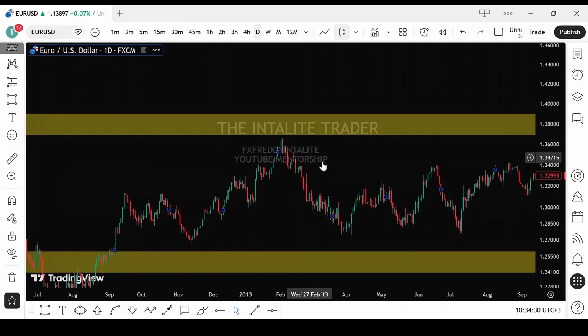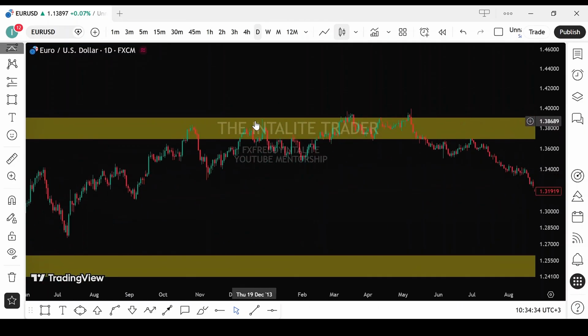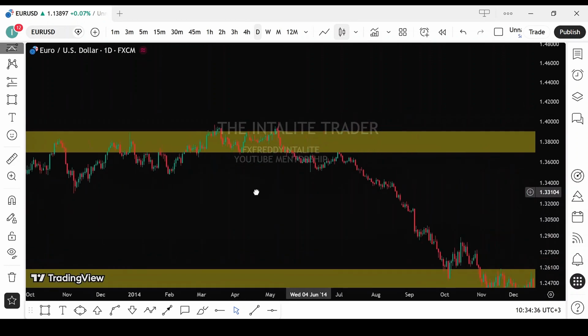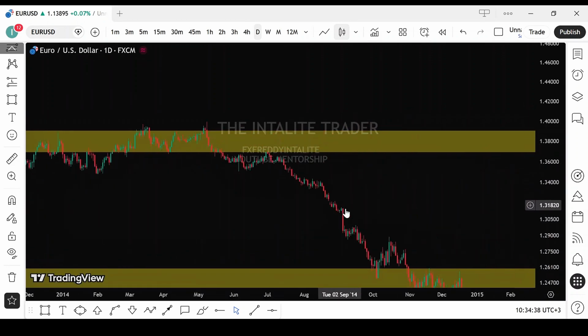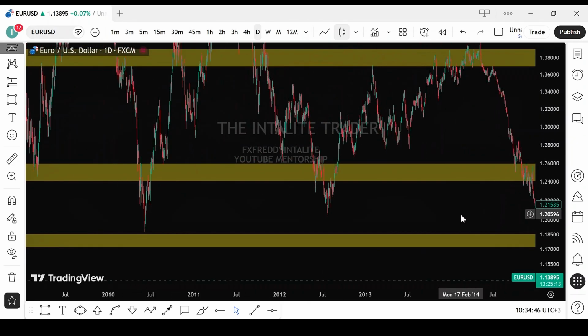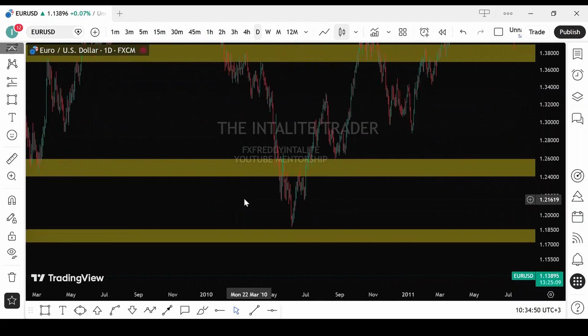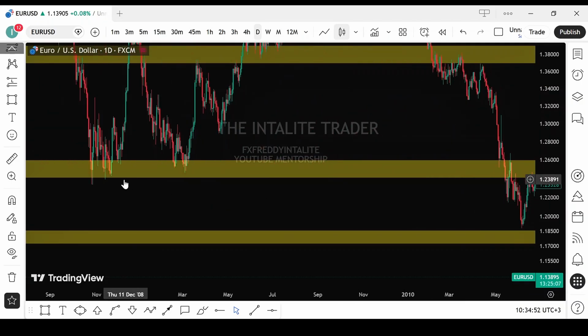When price comes into the level, it trades away, it comes in, it trades away, it comes into the level, it holds, consolidates, breaks below. So when you do like that, those are the major key levels you will come up with.